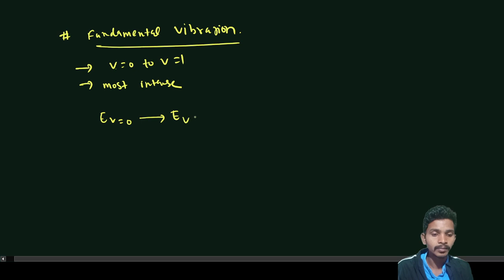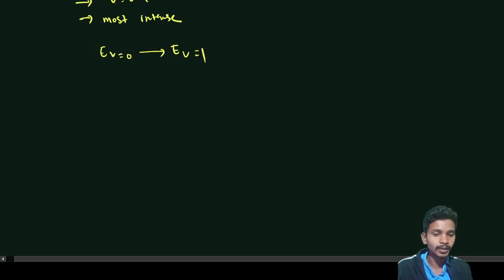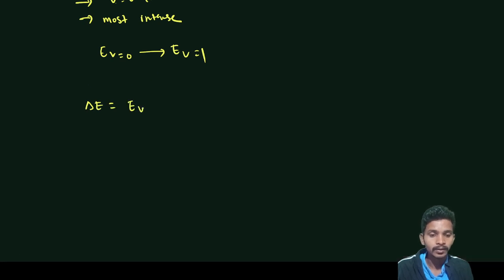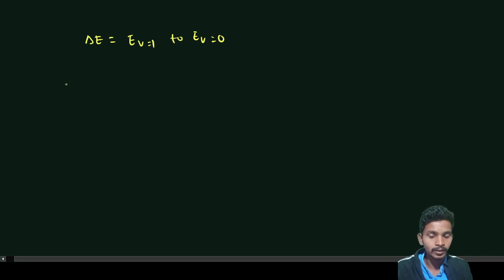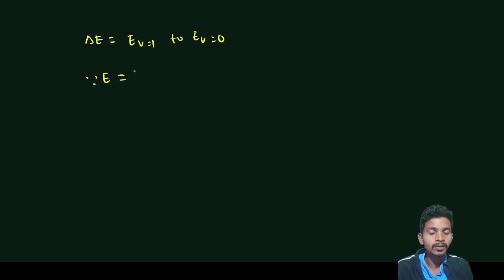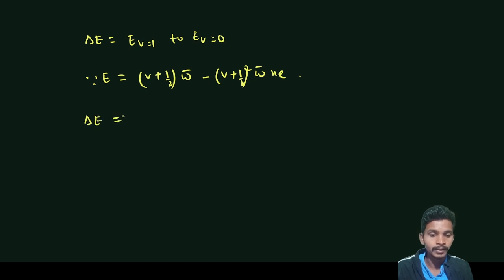If I talk about that energy gap, delta E, from E(v=1) to E(v=0), the energy for an anharmonic oscillator is (v plus half) omega minus (v plus half) square omega xe.